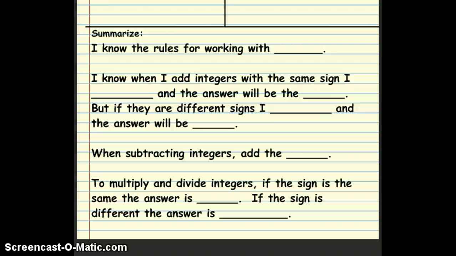When subtracting integers, you always want to add the, what is that word called? Add the what? And finally, to multiply and divide integers, if the sign is the same, the answer is always what? If the signs are different, the answer is what? That is adding, subtracting, multiplying, and dividing integers.